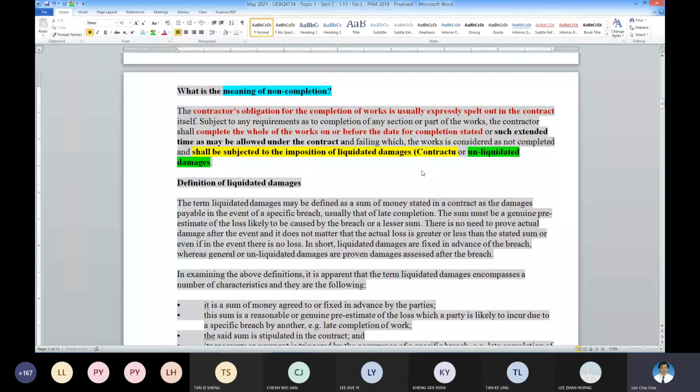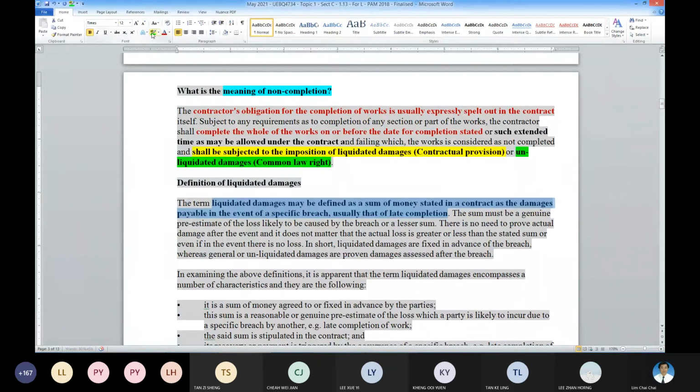To see the difference, contractual rights and common law rights. So the definition of LD: the term LD stated in the contract in the event of a breach for late completion. So this is the definition, and the figure must be a genuine pre-estimate.